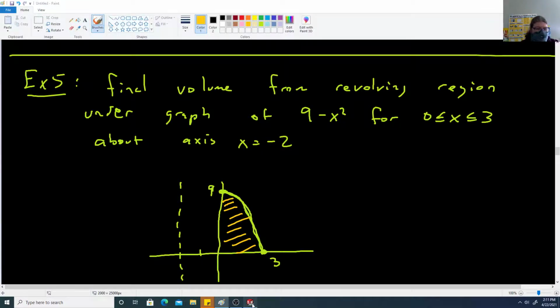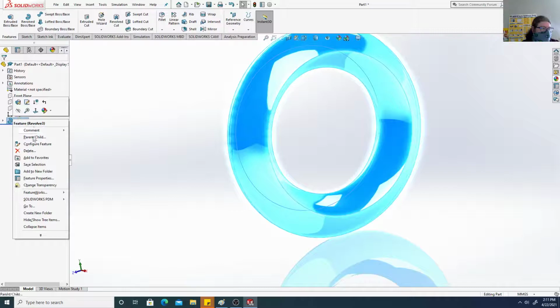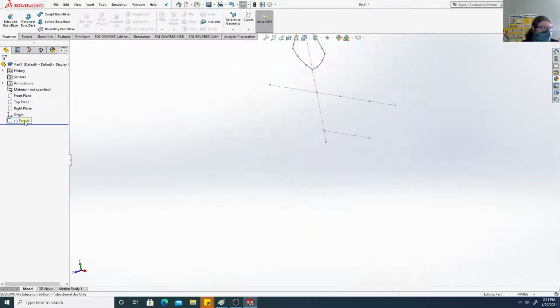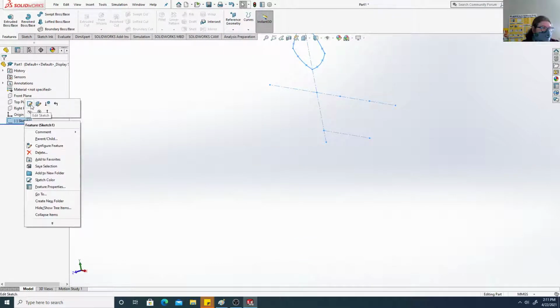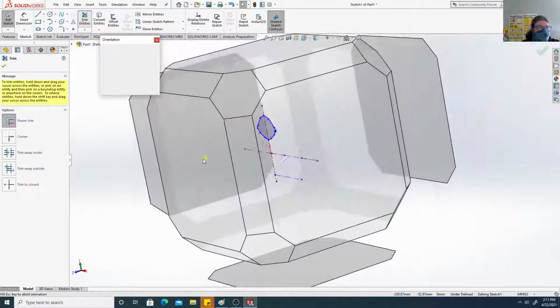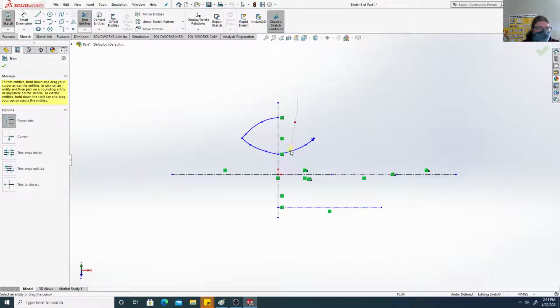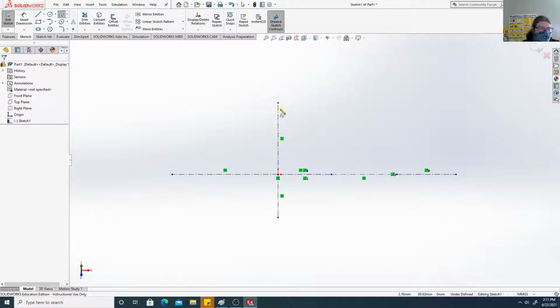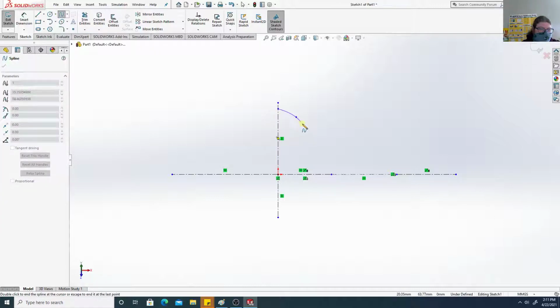So real quick, just to draw a visual of what that would look like so we can get a better idea. Get rid of the last stuff we were looking at here. So we have a parabola shape that basically looks like this.